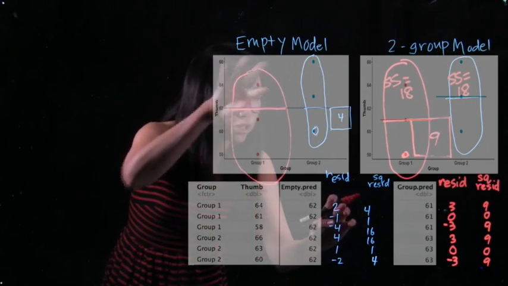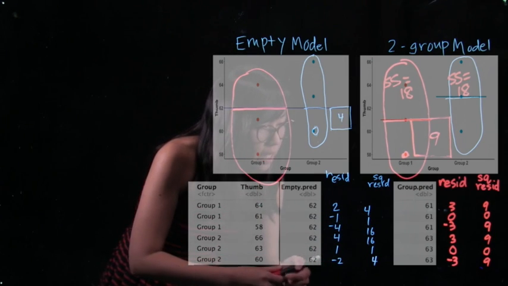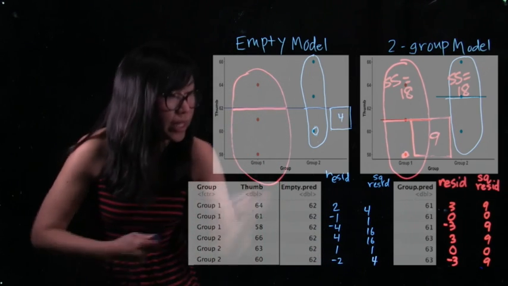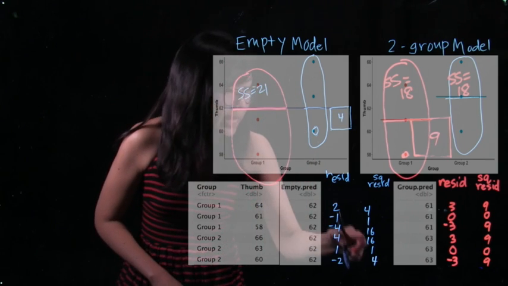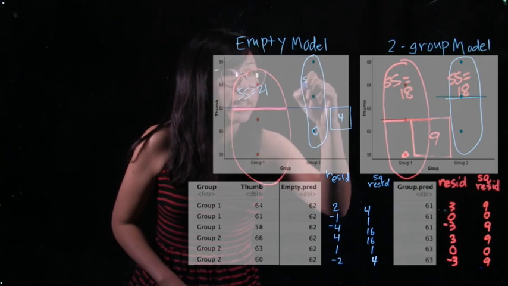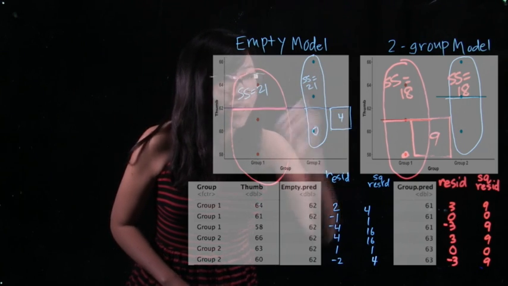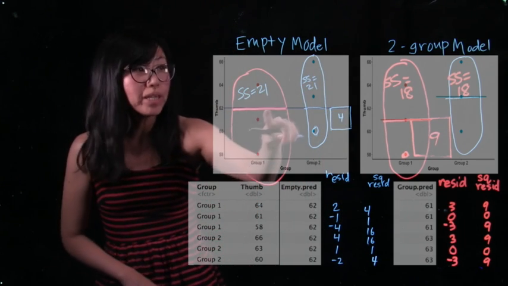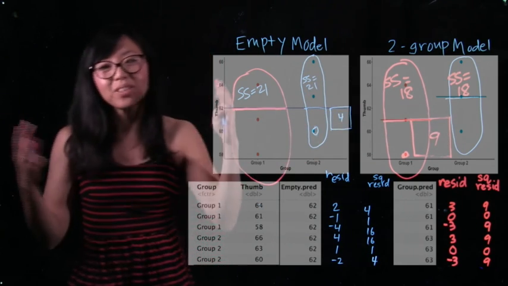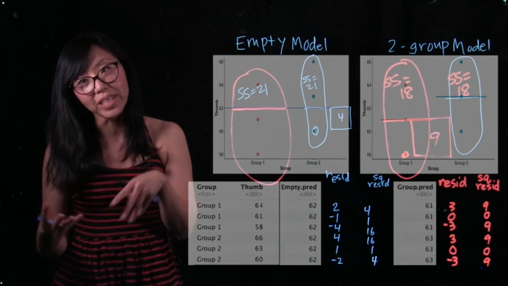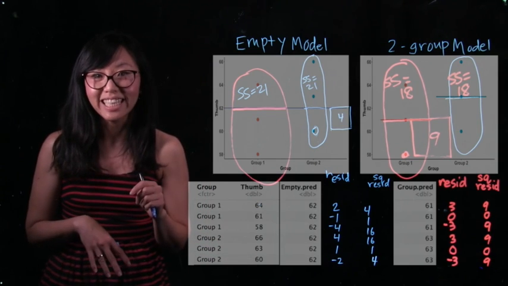So this first group sum of squares is going to be 16 plus 4 is 20, 21. So the sum of squares here is 21. And then also the sum of squares here is 21, right? And so 21 is bigger than 18. 21 is also bigger than that 18. So when you add them together, 21 and 21 is bigger than 18 and 18, right?